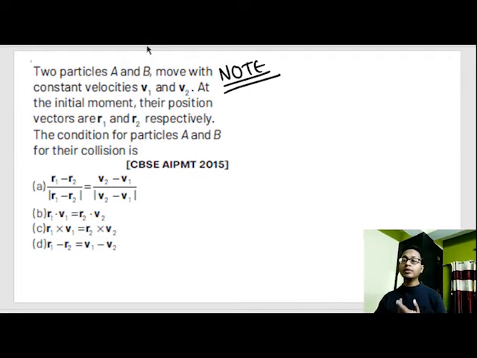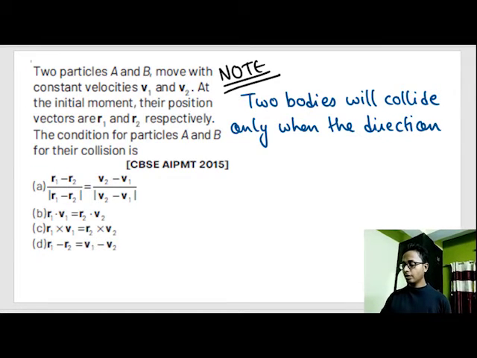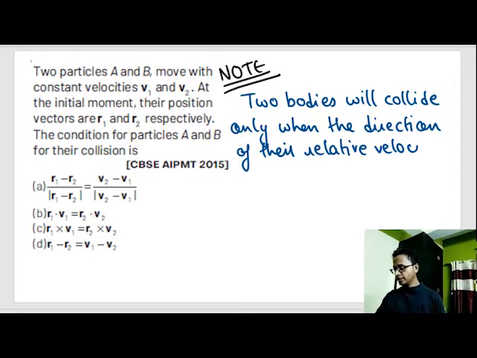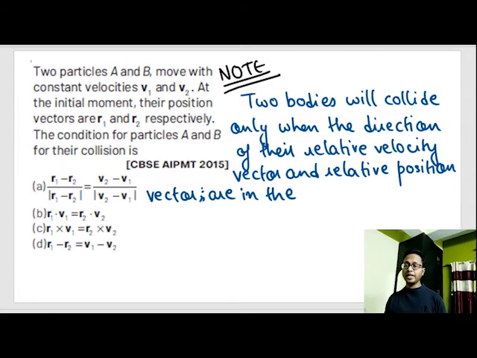Two bodies will collide only when the direction of their relative velocity vector and relative position vector are in the same direction.